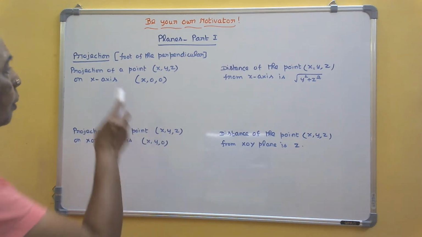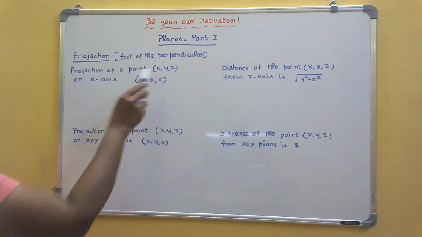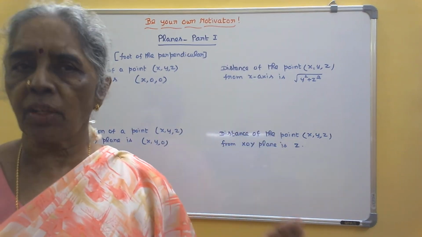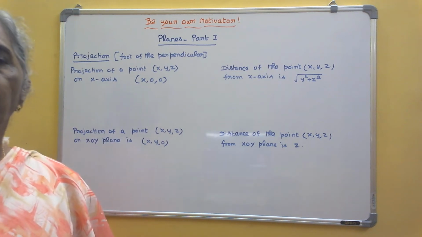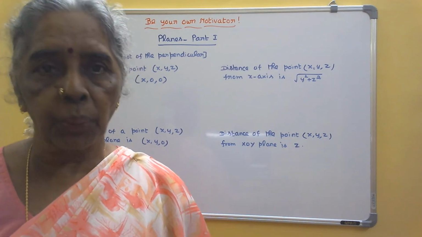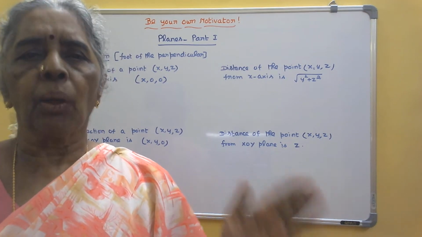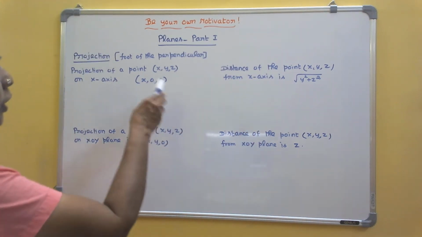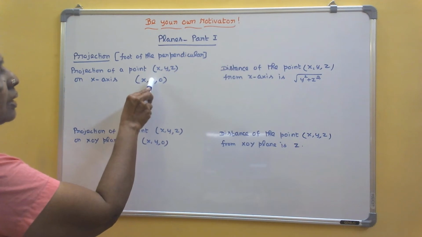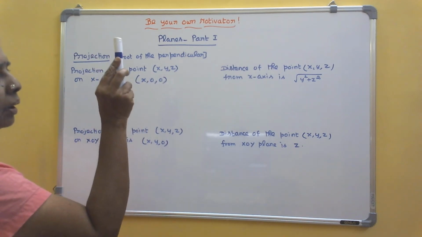So projection of a point x, y, z, a general point in space on x-axis. If you draw a perpendicular to the x-axis, you know, in x-axis, the y coordinate and z coordinate will become 0. So, the projection will be x, 0, 0.